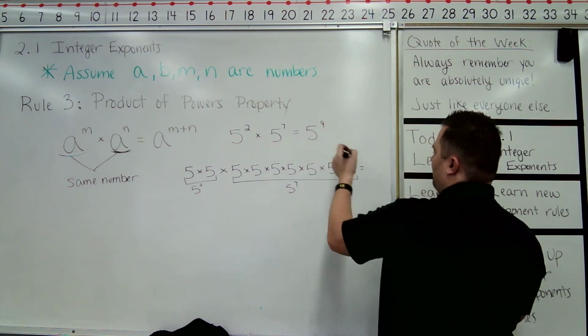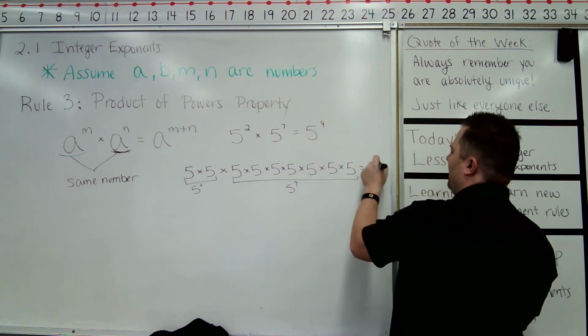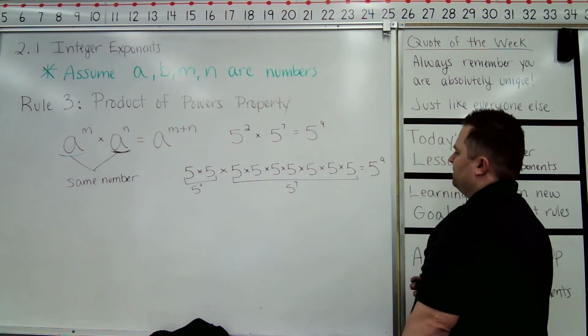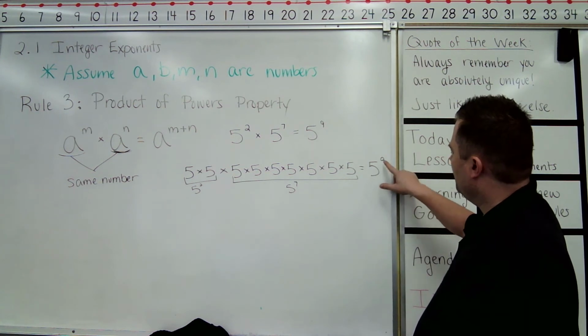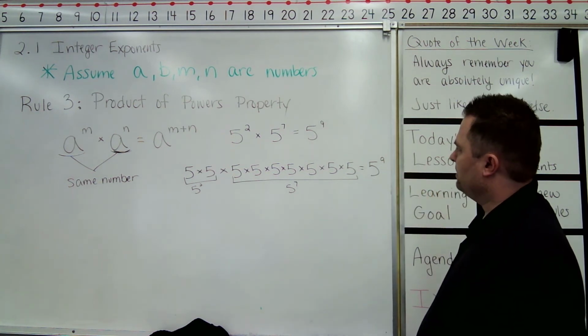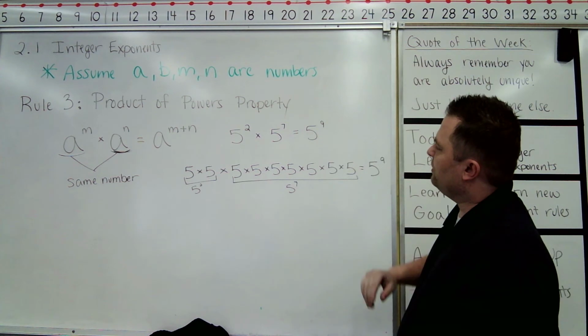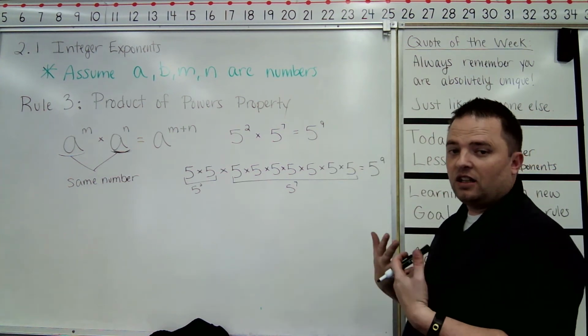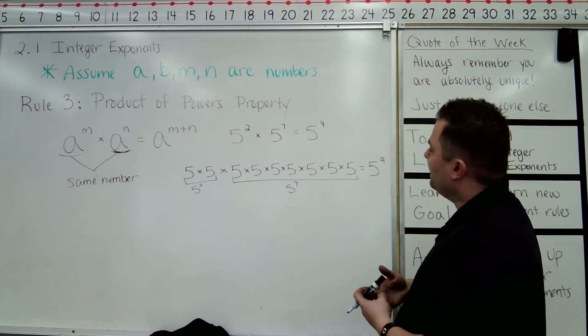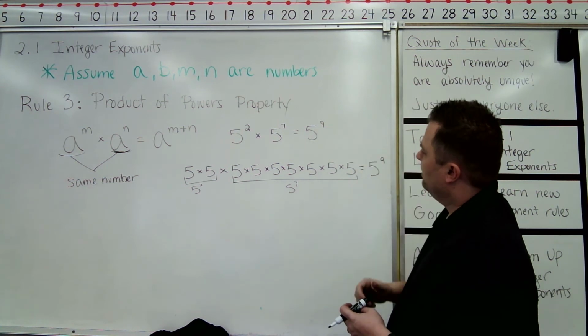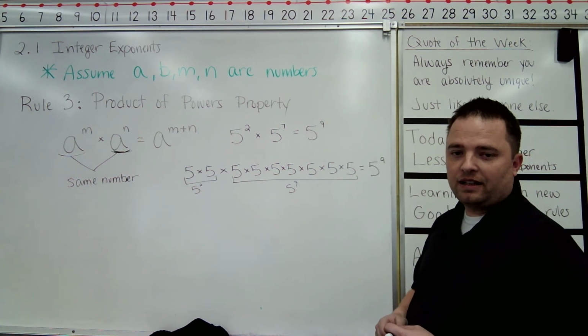According to exponents, I'm saying multiply 5 by itself 9 times, which is why I'm allowed to use this rule. What it allows me to do is rewrite it as 5 to the 9th.